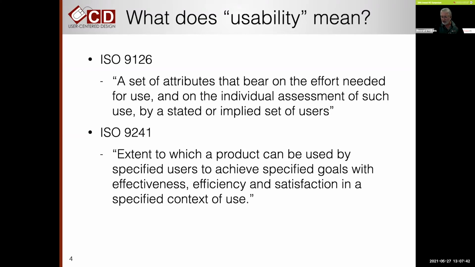What I like about this definition is, first of all, it brings in the idea that it's not only can they use it, but what are they using it for? Products have a specific purpose in mind, and if they're used in a way that they're not intended, then whether we're assessing that or worried about that is a different case. And that includes this context of use. The example I usually use is the iPad versus the Kindle.